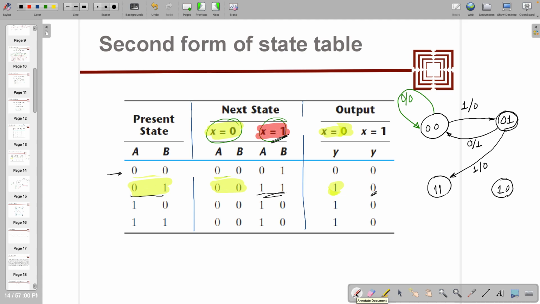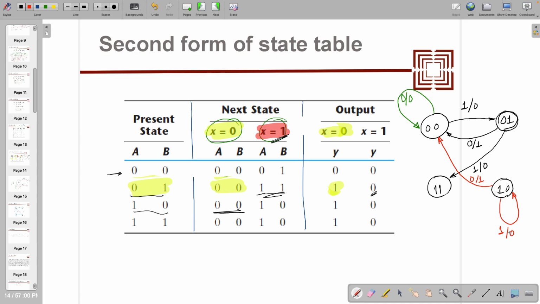So, what will happen if the present state is 1 0, next state is 0 0, when x equals 0 and y equals 1. Same way, 1 0 becomes 1 0 when x equals 1 and output is 0.